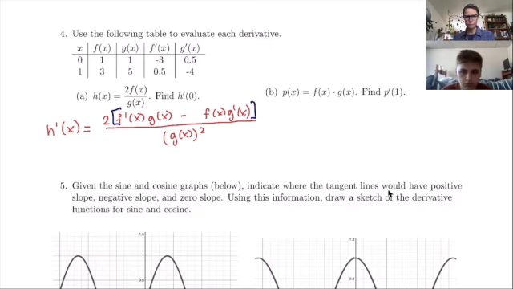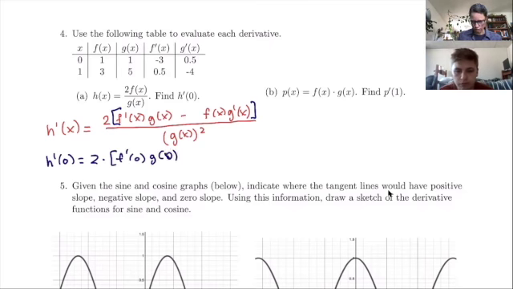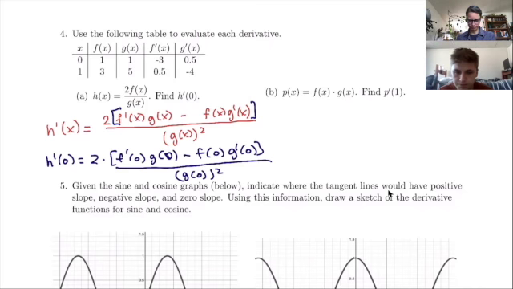Cool, cool. All right, so then h prime of 0 is going to be 2 times f prime of 0 times g of 0 minus f of 0 times g prime of 0 all over g of 0 squared.